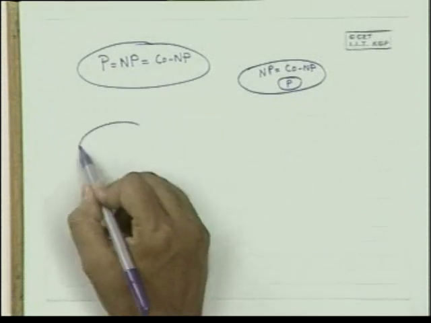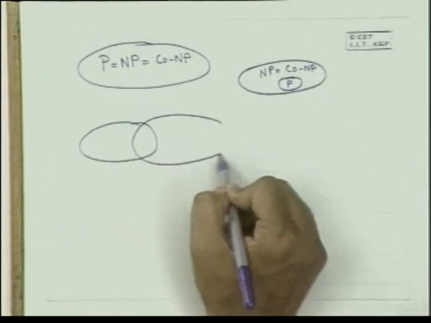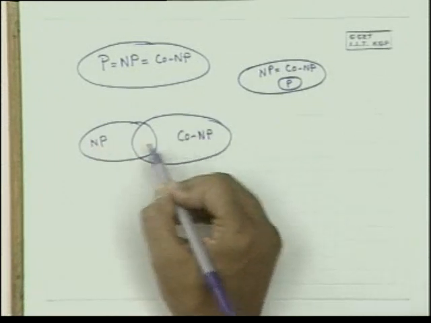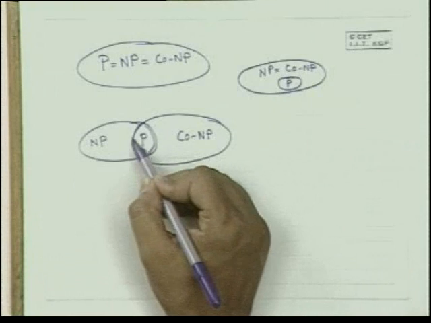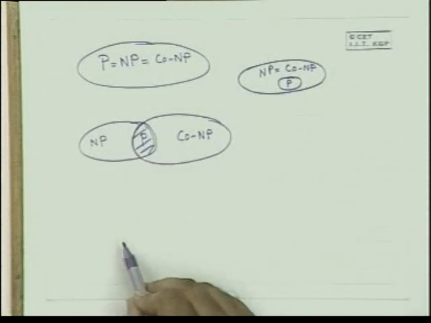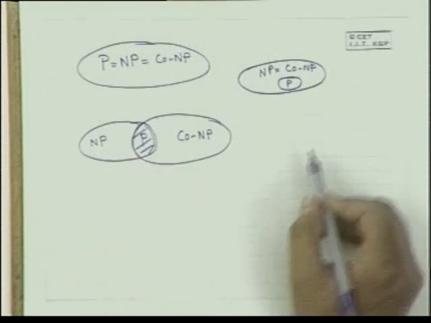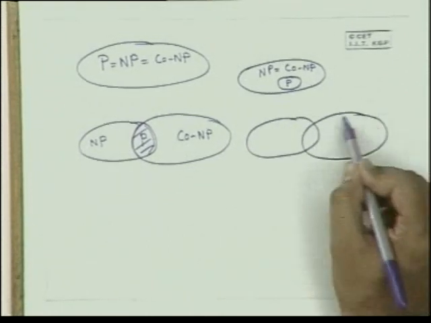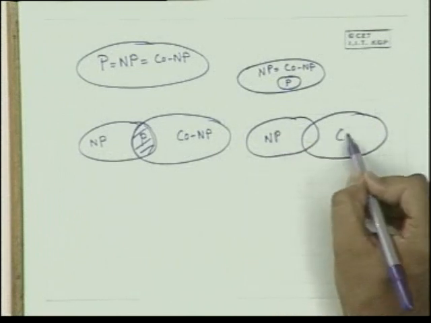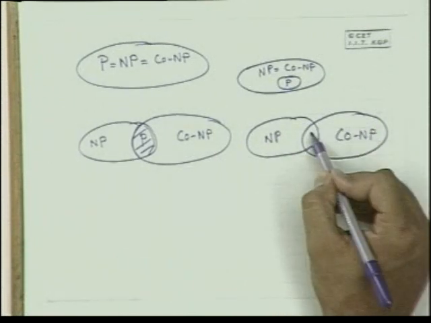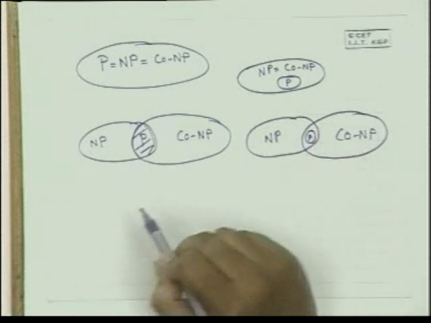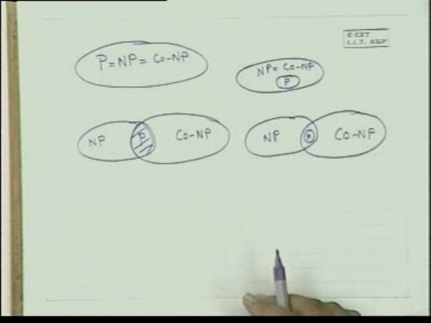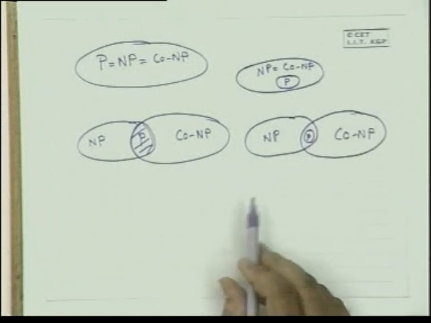Or the situation can be NP is here, co-NP is here, and P is basically the intersection of NP and co-NP. This can be a situation. Or there is another situation. NP is here, co-NP is here, there is a common intersection, and P is a subset of this intersection, not the entire intersection. So these are the four possibilities of the classes of problems.